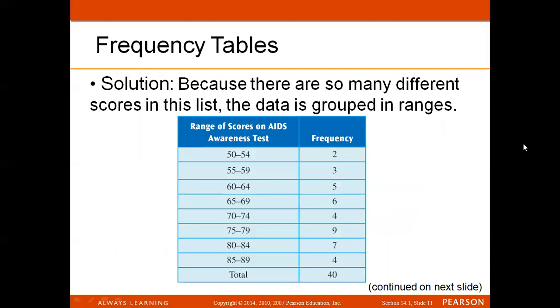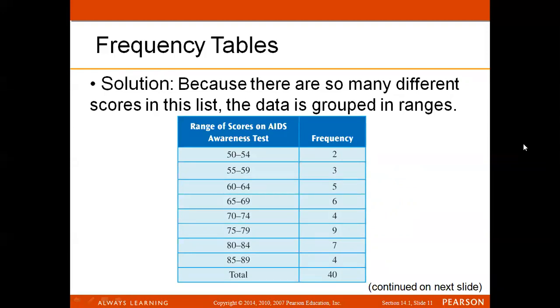The solution here is to make a bin, to make an interval of numbers. Because there are so many different scores in the list, the data is grouped in ranges. So 50 to 54, 55 to 59, 60 to 64, 65 to 69, 70 to 74, 75 to 79, 80 to 84, 85 to 89.